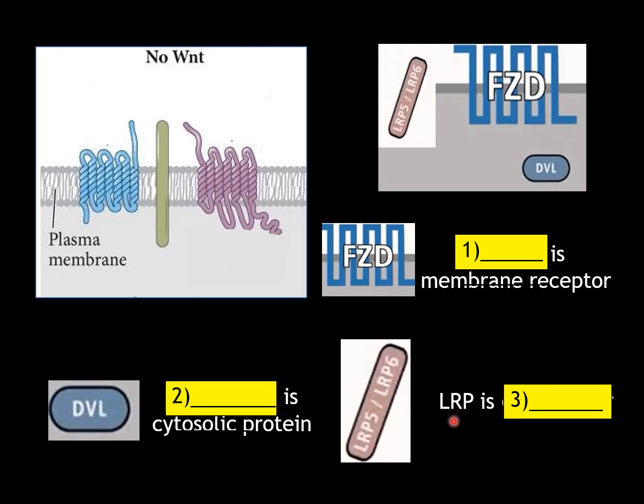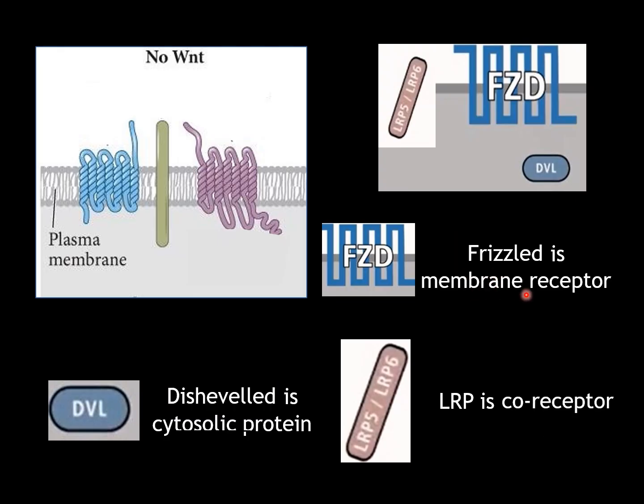And this LRP, if you see, is what type of receptor? It's a membrane receptor, it's a cytosolic receptor, or you know that it could be helping other receptors. If you remember, I already gave you part of the answer. It's helping our receptor, and how are those receptors that help other receptors called?